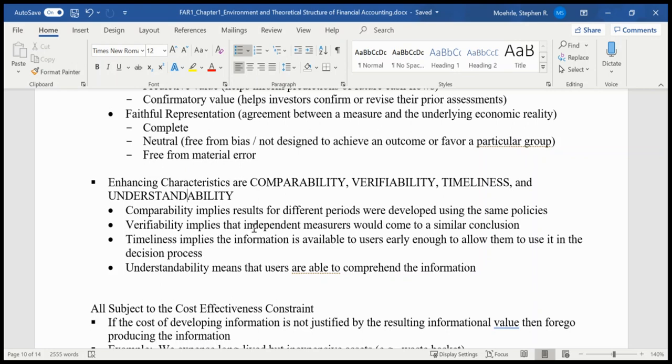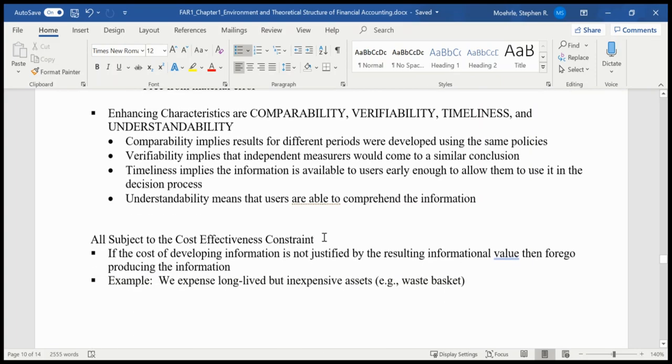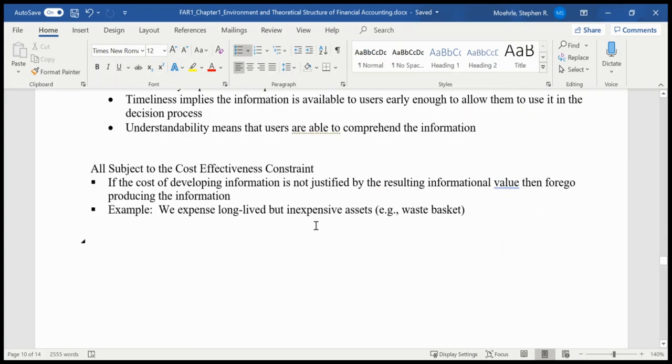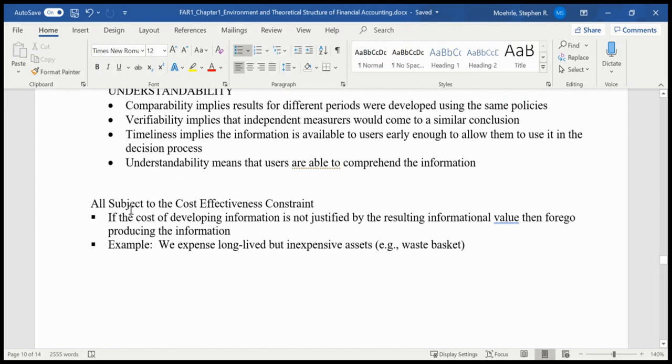All of these are considerations as we prepare the rules and indeed as we prepare the information for the capital markets. Now, all of these considerations are subject to the cost effectiveness constraint.